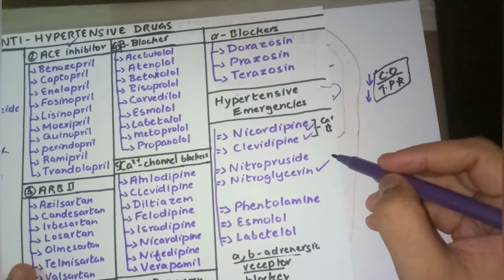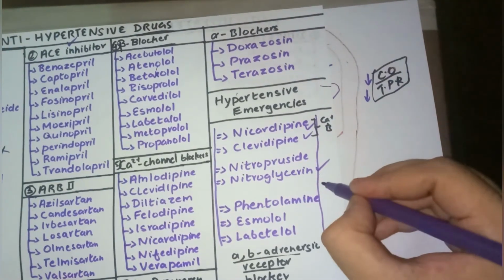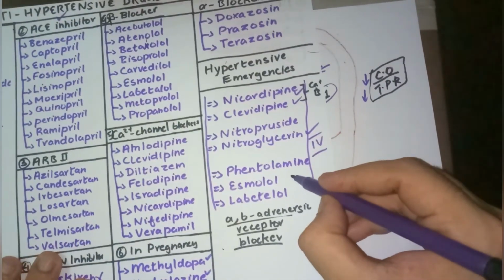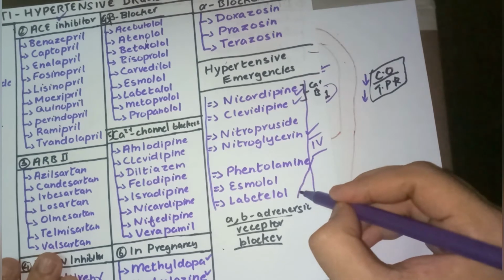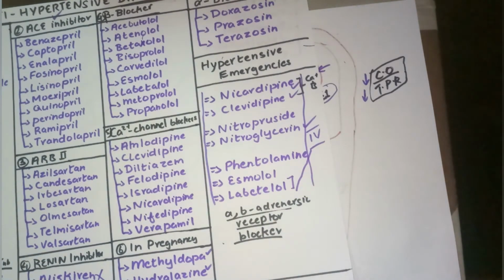Nitroglycerin is a nitric oxide donor as well, and these drugs are available in intravenous form, in IV form. So we use nitroglycerin as well, and these are adrenergic receptor blockers. This is the most dangerous blocking thing.